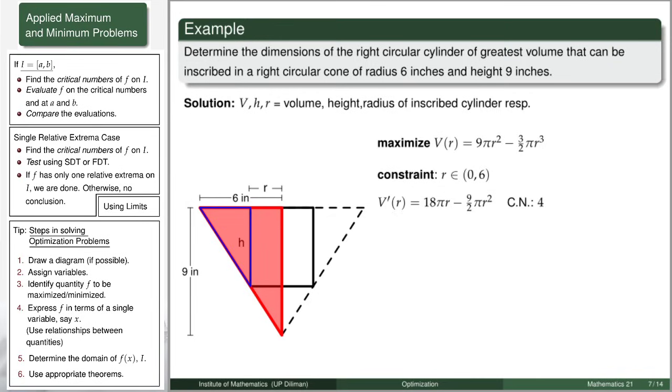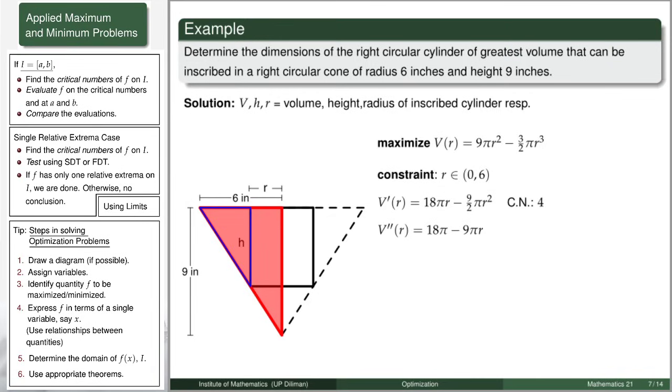And that will leave me with a single critical number of 4 in the interval, which, as I've told you many times, is a very good indicator that you are doing it correctly. Now, since I have a critical number of 4, I just need to test whether it is a maximum or a minimum. Hopefully, it will become a maximum.